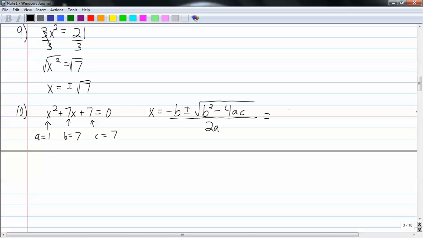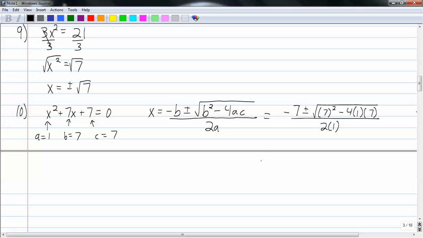So x equals negative b, so that's negative 7, plus or minus the square root of, b is 7, so that's 7 squared, minus 4 times 1 times 7, all over 2 times 1.